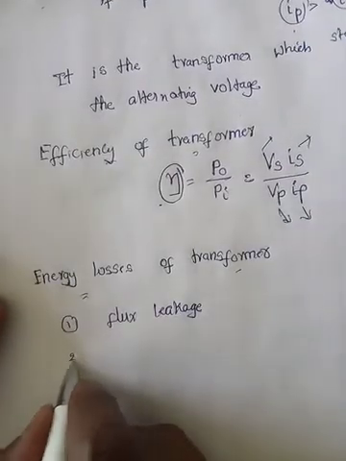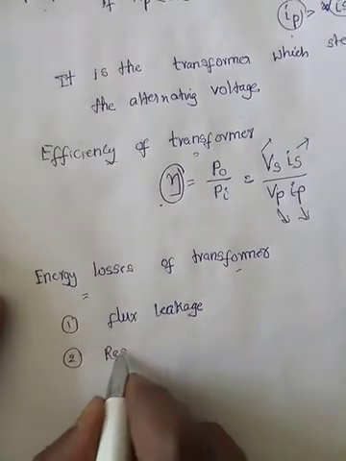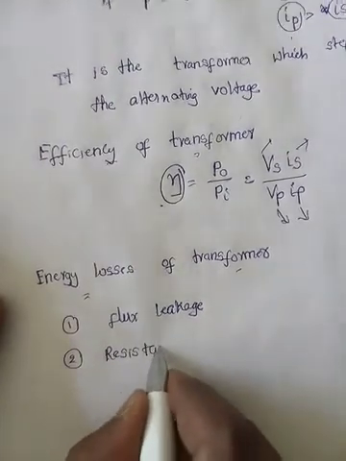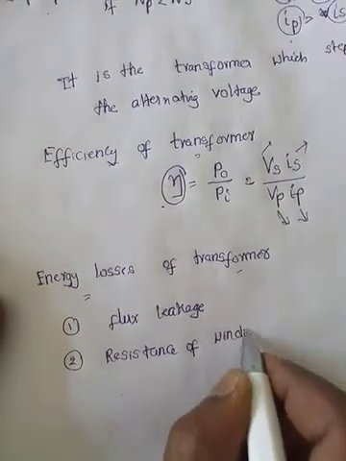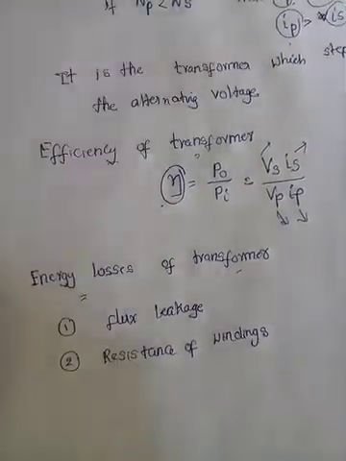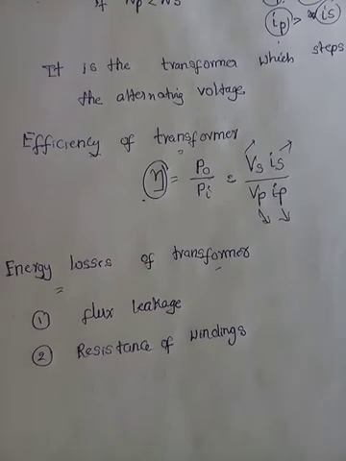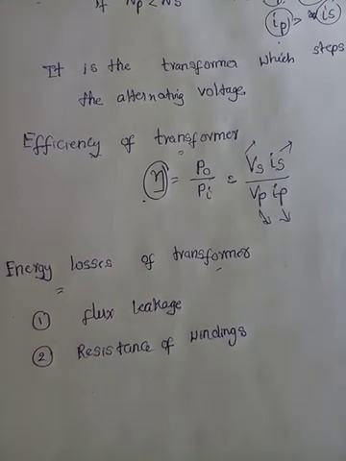Next one. Resistance of windings. The current will flow through the coil, right? Wires. When the current flows, the wires offer some resistance.